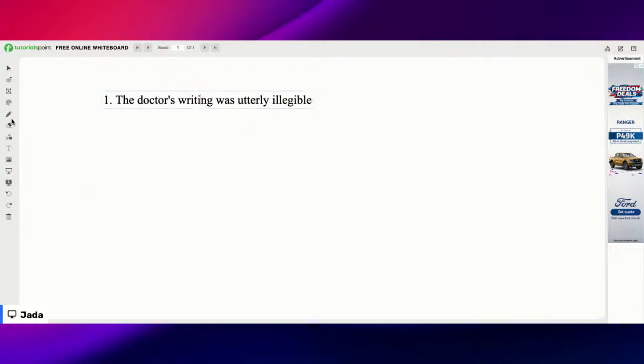So you do not know his writing, okay? We do not know the doctor's writing. So you have to check, you have to be sure. What does eligible mean? Eligible means clear or big or huge. So we would say here it means clear.